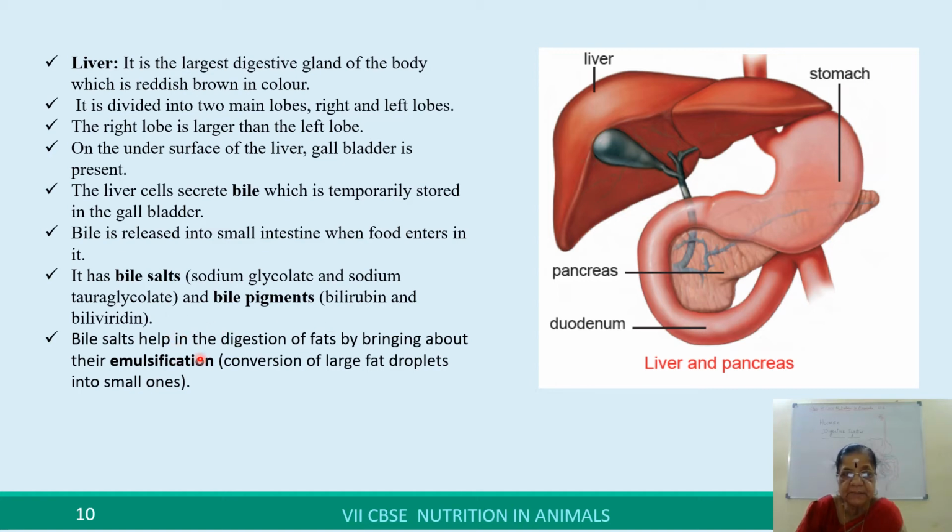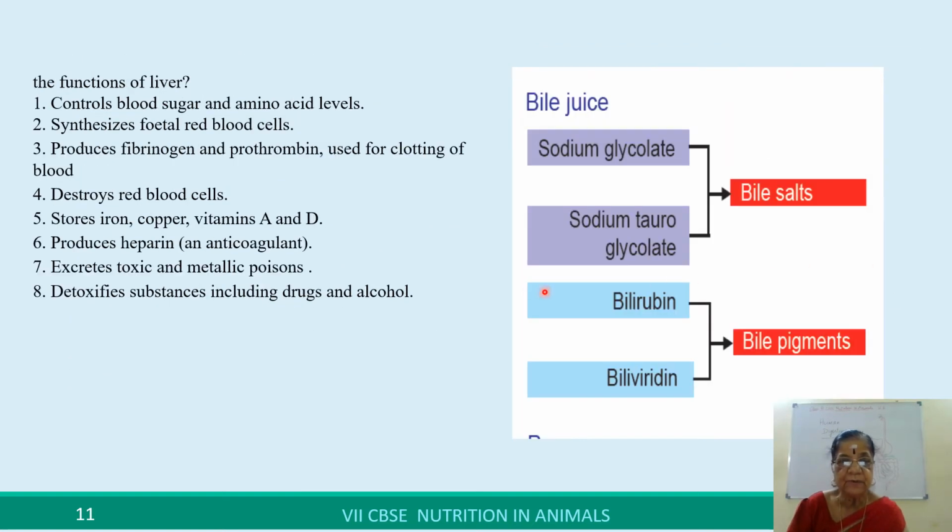The bile salts mainly help in the digestion of fat by bringing about emulsification, the conversion of large fat droplets into smaller ones. I hope you understand. Now this is the structure of the liver and its secretion as it reaches the duodenum. Right? Next one is the functions of the liver.